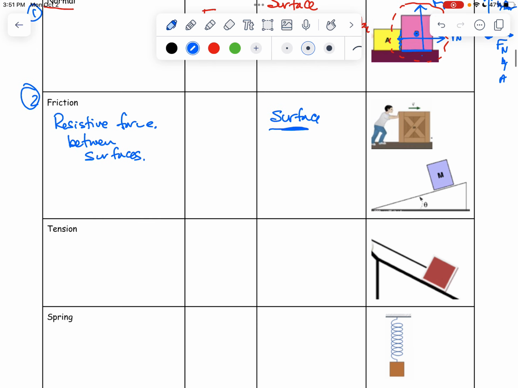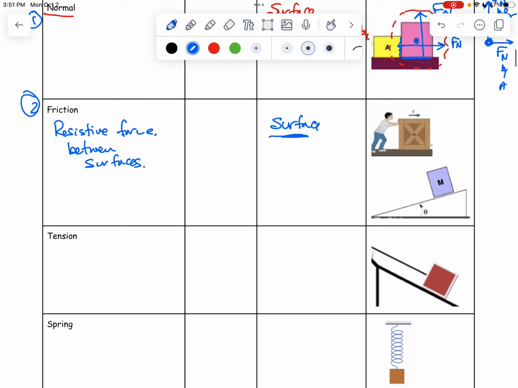The force of friction has two different styles we're going to talk about. In general, any kind of friction force is capital F with a lowercase f, but we have two different types of frictional force. One is sliding, where the two surfaces are moving relative to each other, and this is called kinetic friction.